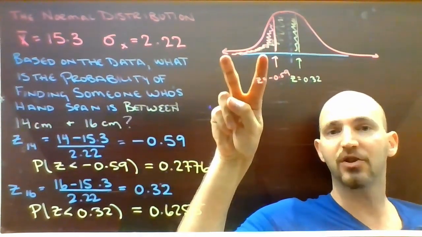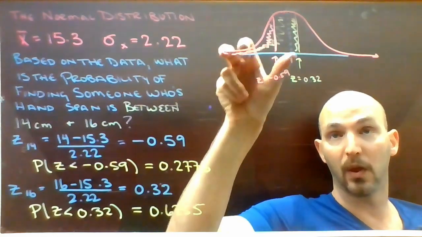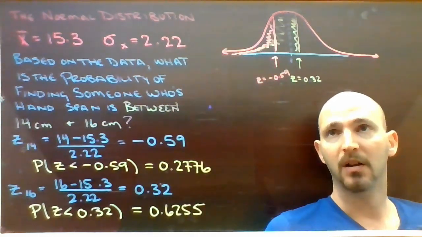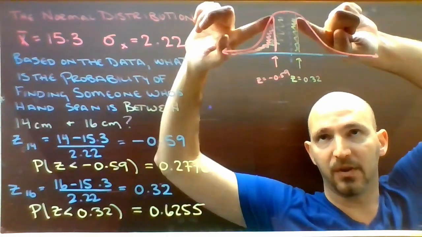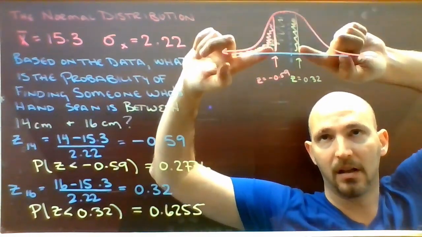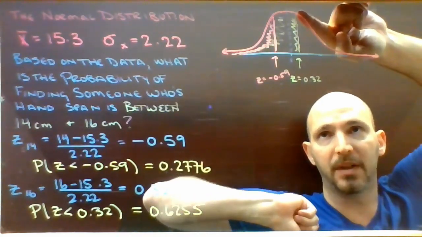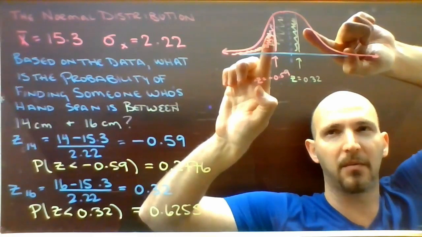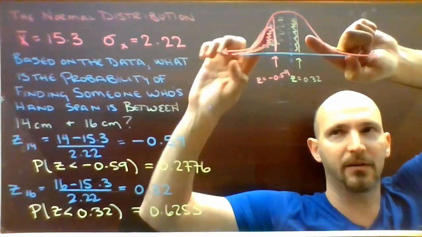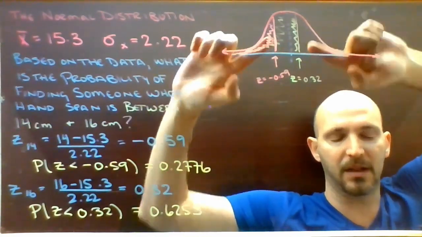Do you notice that this chunk is a piece of the larger chunk? So if I was trying to figure out the probability of being between these two bars, I would need the probability of being under this one, but subtract the probability of being under that one. I don't want the tail, I just want this piece between.